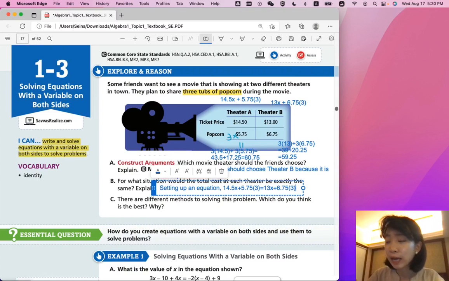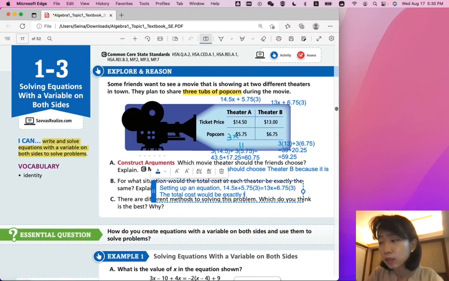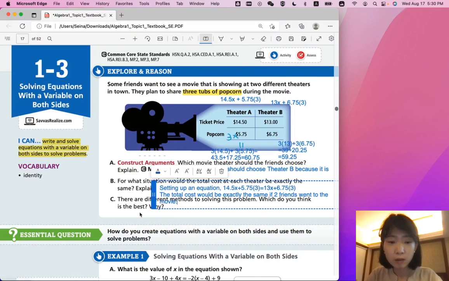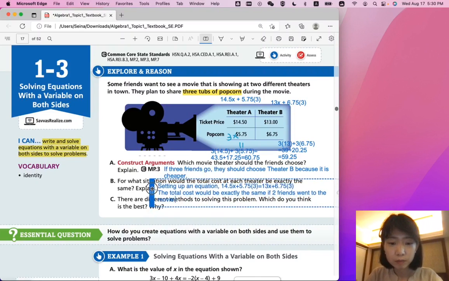You will notice that x is going to be 2. So the total cost would be exactly the same if 2 friends went to the movie. We know that x is 2.